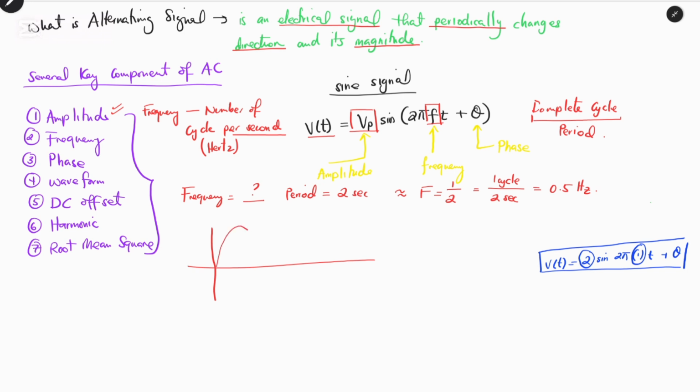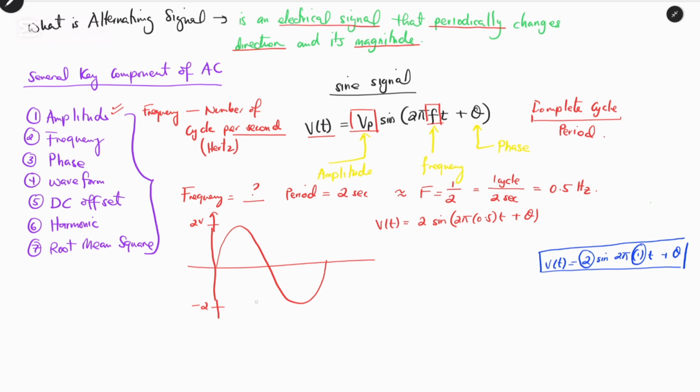Now we can have the waveform. Previously we said that V(t) is equal to 2 sine(2π · 0.5 t + θ). We say this is 2 volts and we have minus 2 volts.